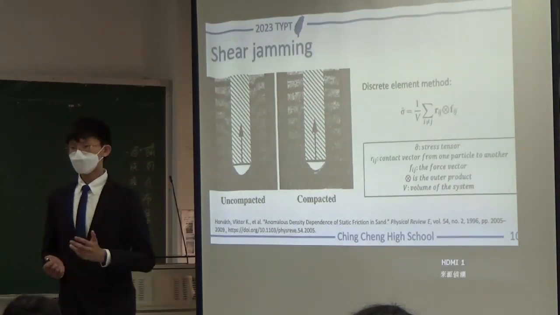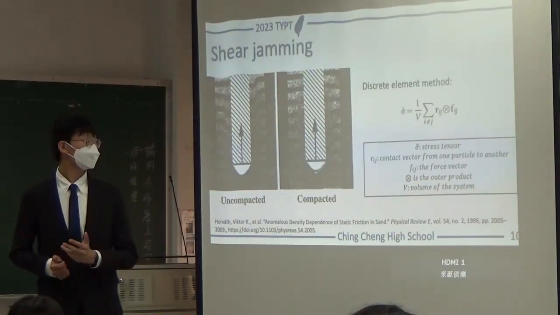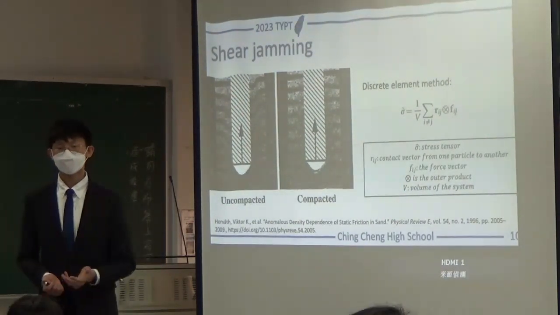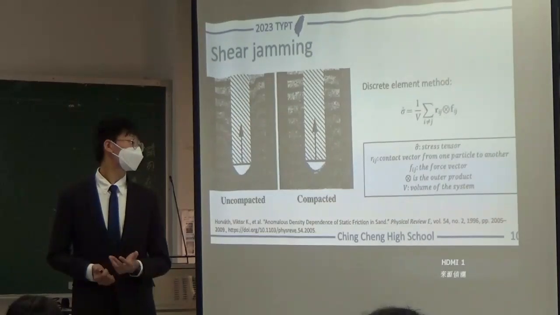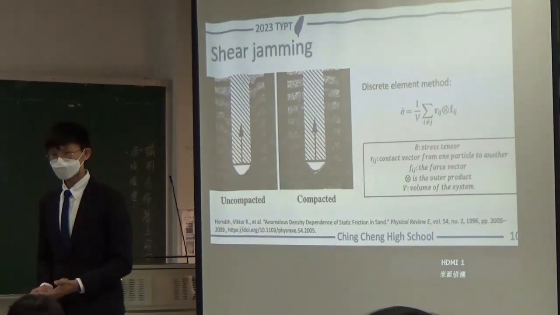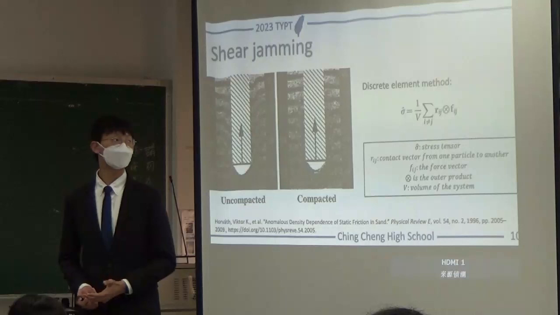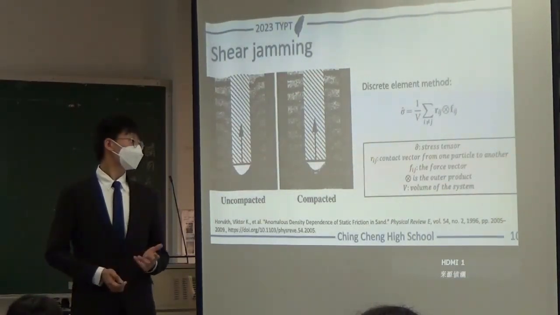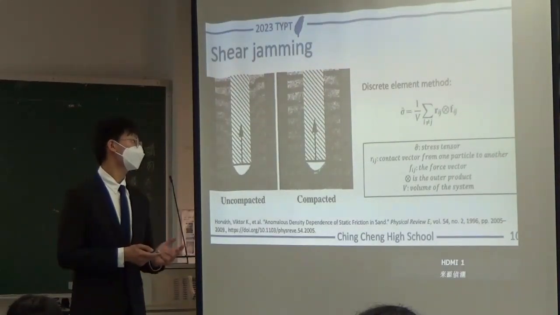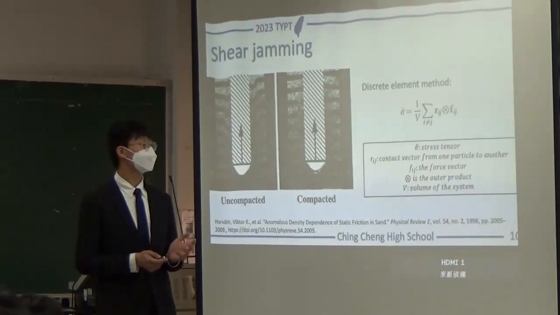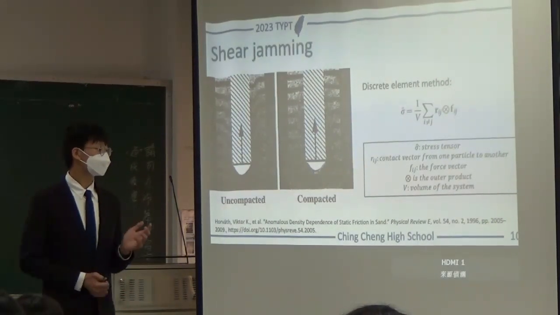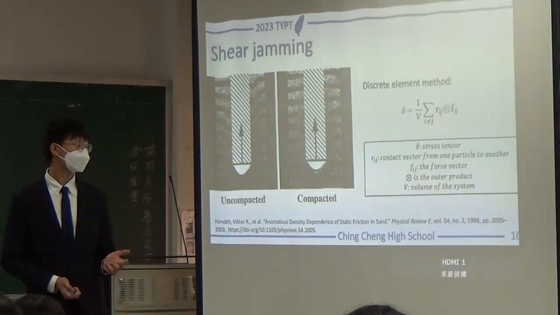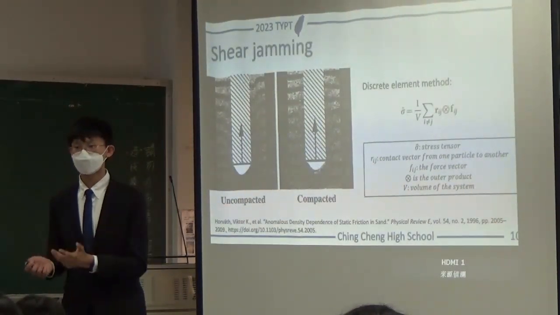And after reviewing many literature about the granular material properties, we can't establish an exact model about this phenomenon, but we see that many of them use the discrete element method, where the sigma means the stress tensor, and the Rij means the contact vector from one particle to another.